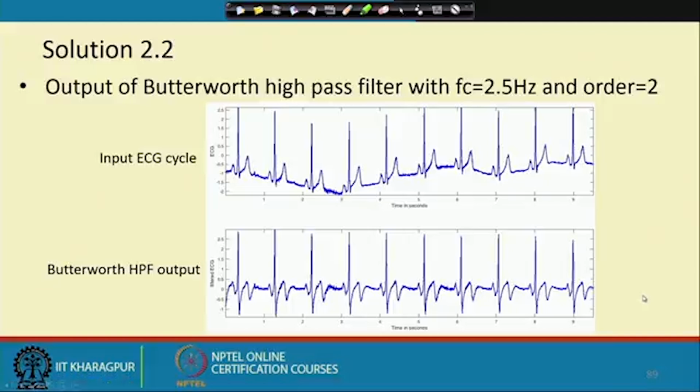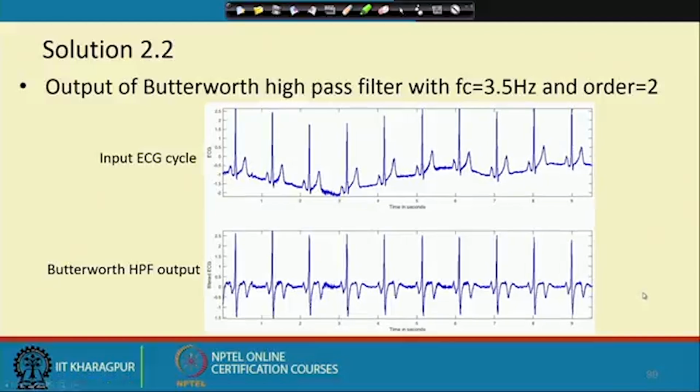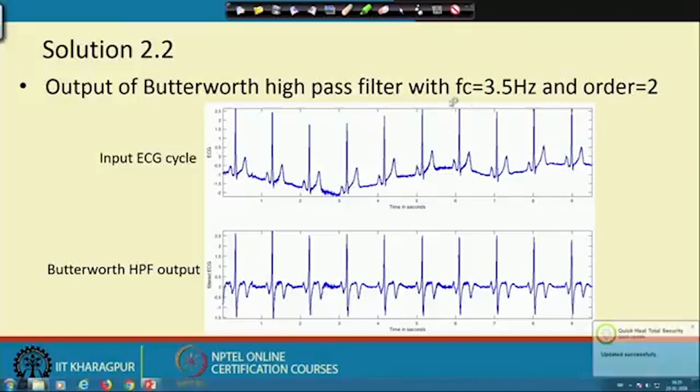So, now let us look at the next attempt. Again the cutoff frequency is moved up, and in this case, for 3.5, it is again very successful in removing the baseline artifact.